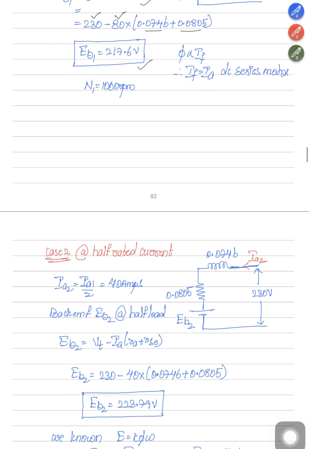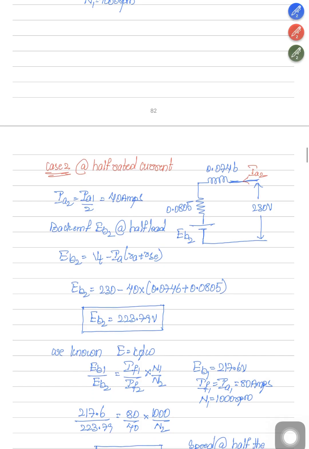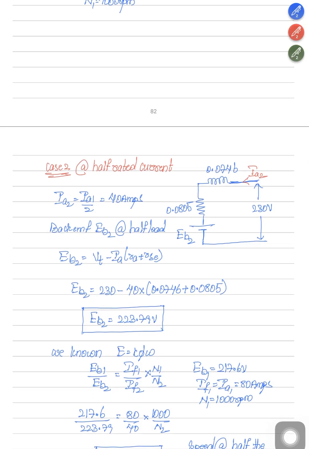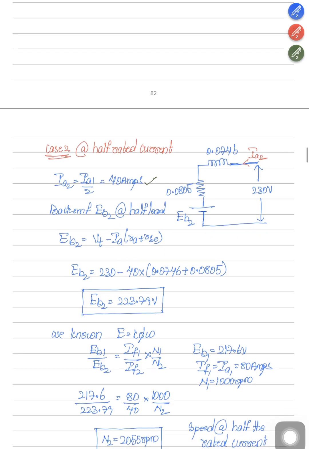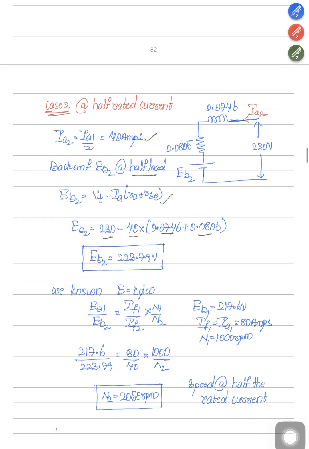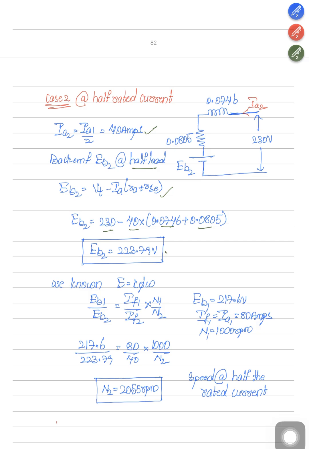Now under half load condition, the load current will reduce by half, then the armature current will become 40 amps. Now I am calculating back EMF under half load condition. Eb equals Vt minus Ia into Ra plus Rf. By substituting armature resistance, field winding resistance, armature current and terminal voltage, I found back EMF of 223.79 volts at half load condition.